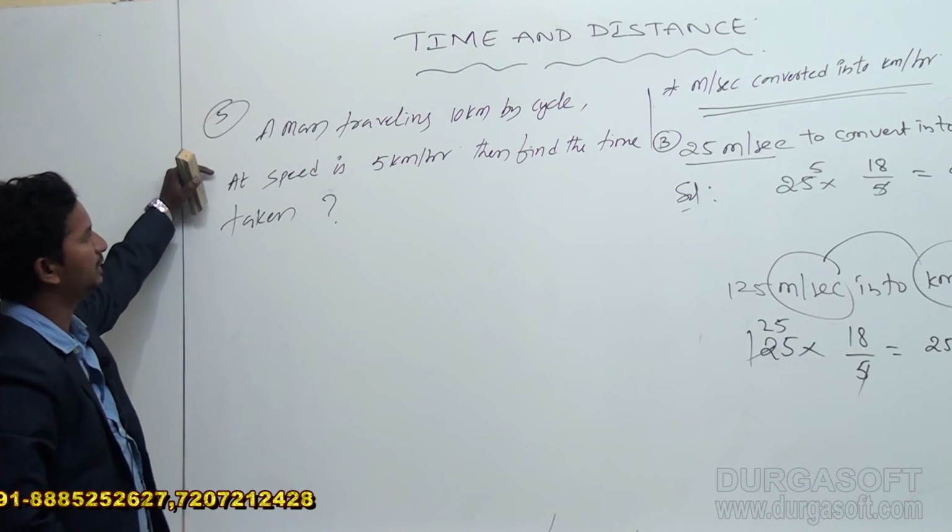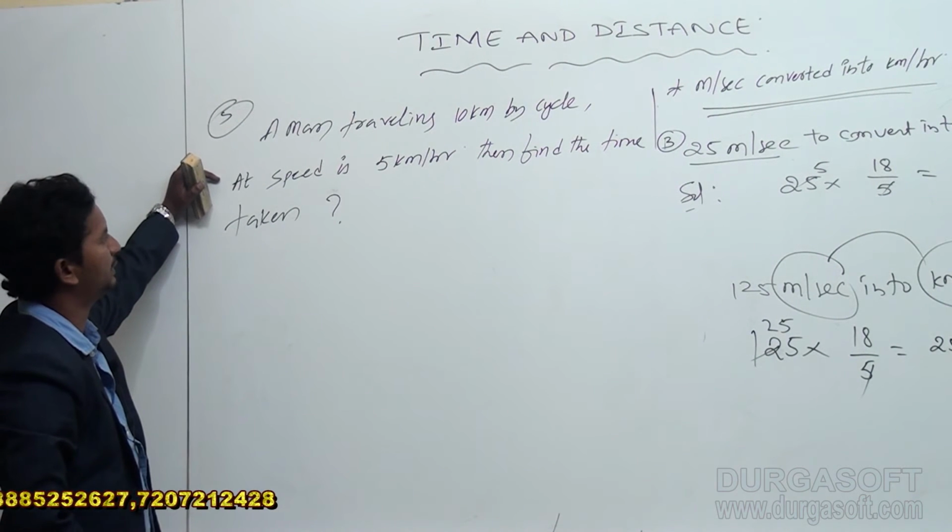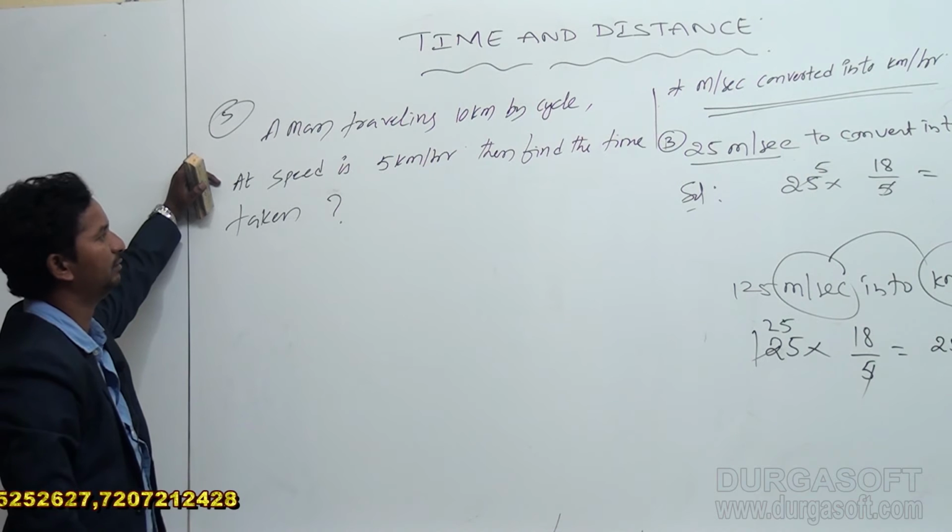Now a man traveling 10 kilometers by cycle at the speed of 5 kilometer per hour, then find the time taken.